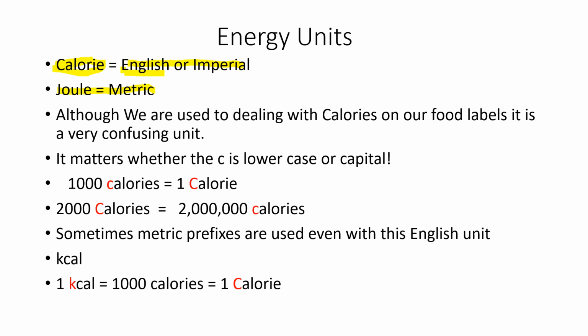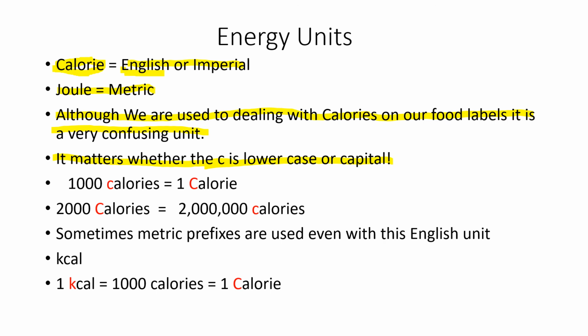Although we're used to dealing with calories on our food labels, these are probably some of the most confusing units that are out there, especially in the English system. And even if you don't like the metric, this is going to help you see why metric is definitely superior in every possible way. And here's why. When you're dealing with calories, it actually matters whether the C in calorie is lowercase or capital.